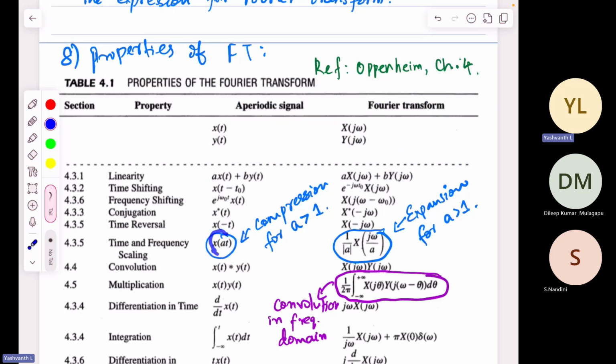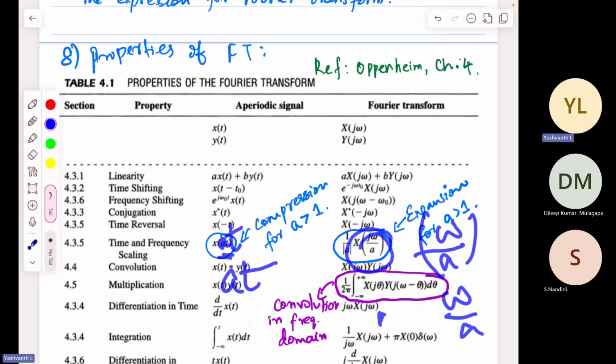So x of at will have the Fourier transform 1 by mod a times x of j omega by a. You see that a was multiplying t in the time domain, but in the frequency domain a is dividing the omega axis. Here it comes as at, but there it comes as omega by a. It doesn't come as a omega; it comes as omega by a. Instead of a product, it divides.